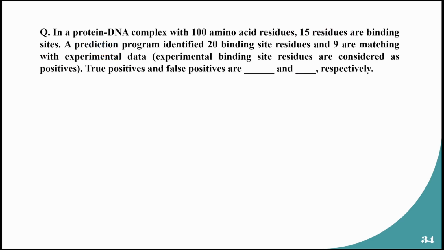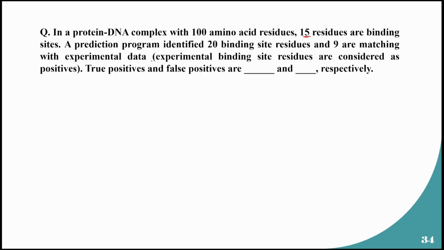So again, we can solve the same kind of questions, but now in a different, more descriptive format. It says you have a protein DNA complex and there are 100 amino acid residues for the protein, right? 15 of those residues are binding site residues, basically where your protein is bound to the DNA.